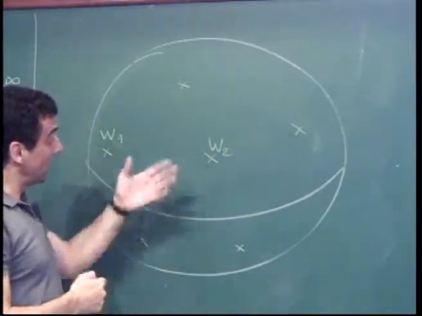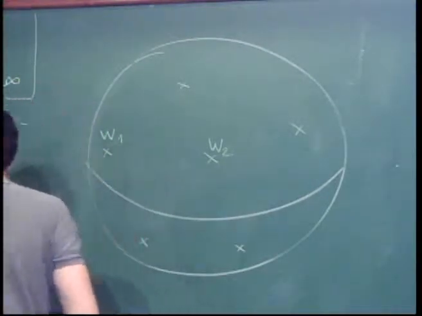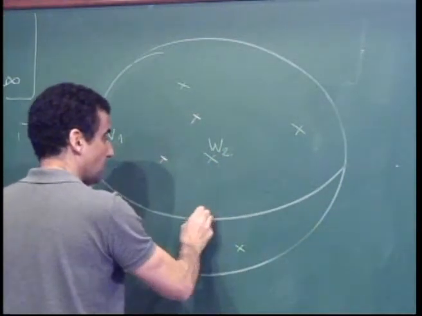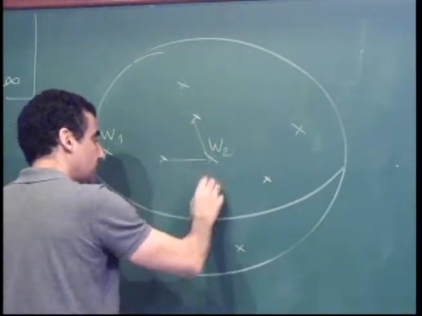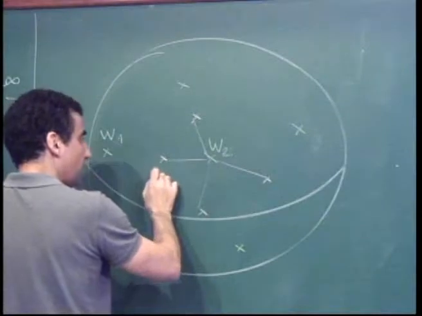Then around each of these points, I do the same thing. I now choose red points, which are at a certain distance from this point, typically. And on these ones, I put another weight.